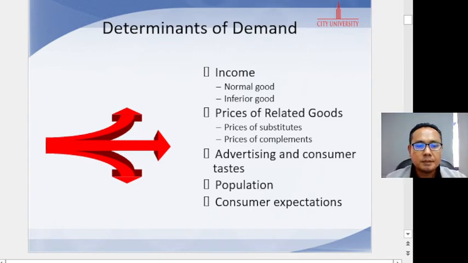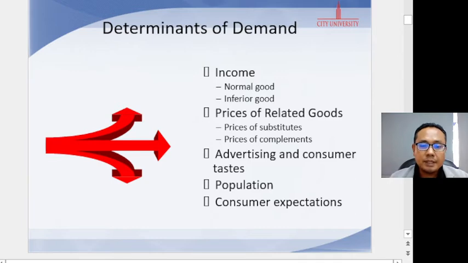Because income affects the ability of consumers to purchase a good, changes in income also affect how much consumers will buy at any price. In graphical terms, a change in income shifts the entire demand curve. Whether an increase in income shifts the demand curve to the right or to the left depends on the nature of consumer consumption patterns. Accordingly, economists distinguish between two types of goods, normal and inferior goods.